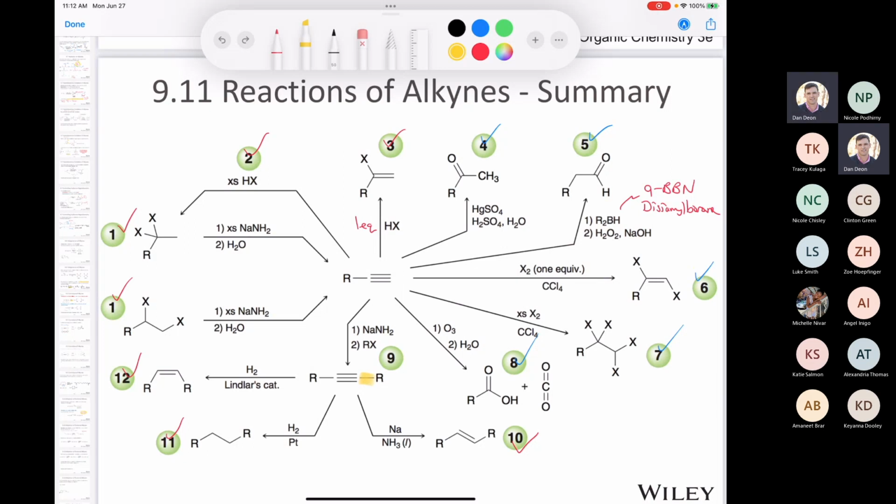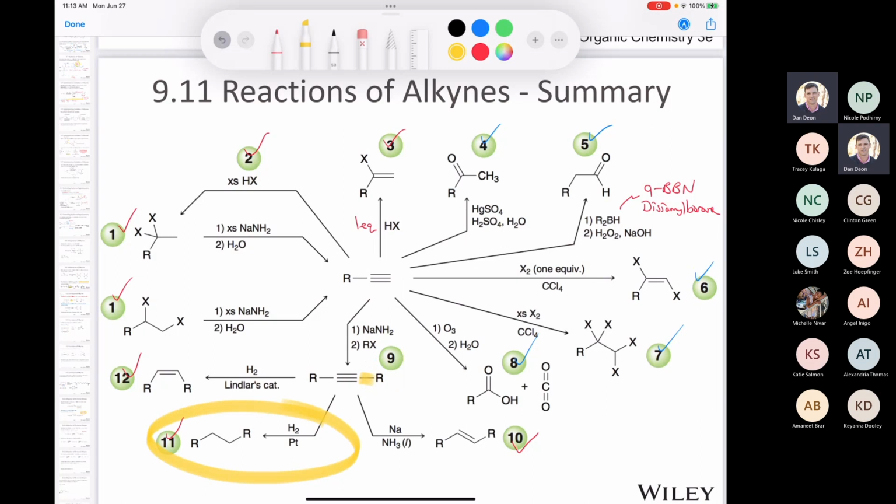Then we learned one of the most important reactions of all, the alkylation reaction. So alkylation, which is where you do, sorry, I circled the wrong one. This one here, where you deprotonate using sodium amide. Then you treat it with some kind of methyl or primary alkyl halide to make a carbon-carbon bond. Huge deal, right? Anytime you make a carbon-carbon bond, it's a big deal in organic chemistry.